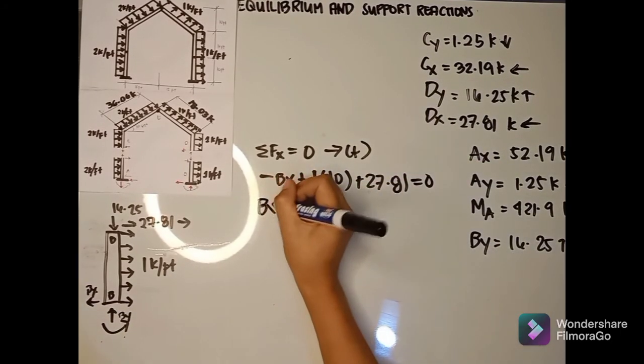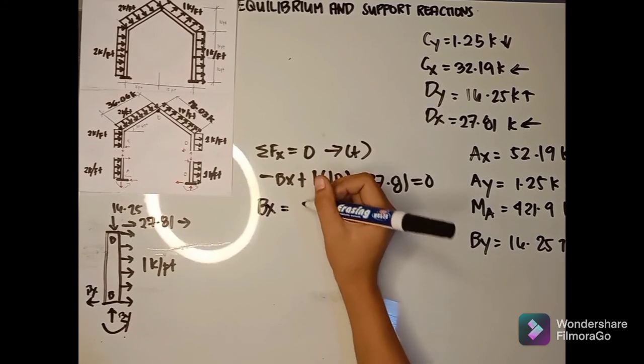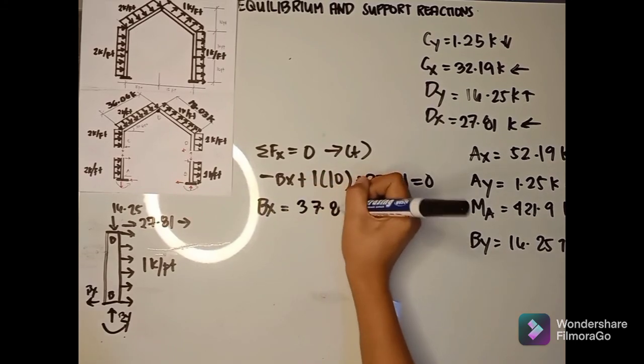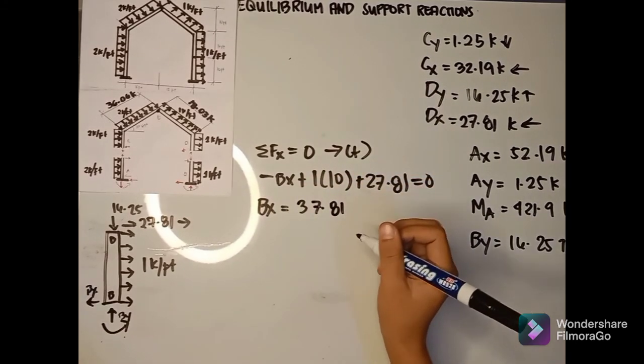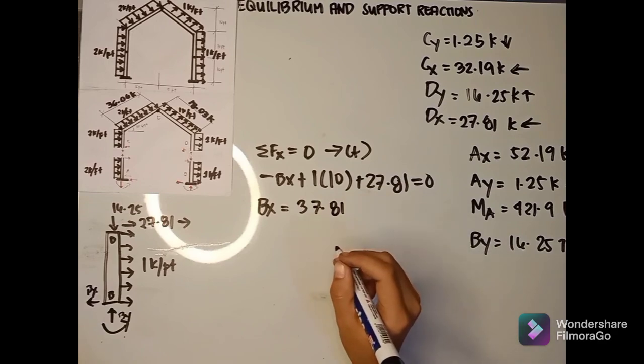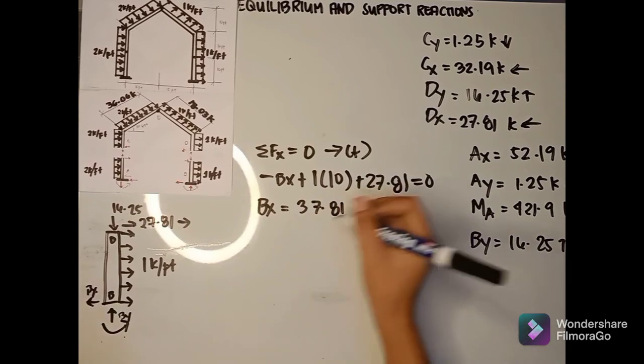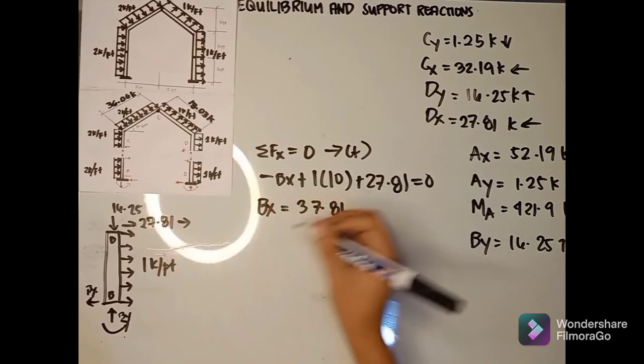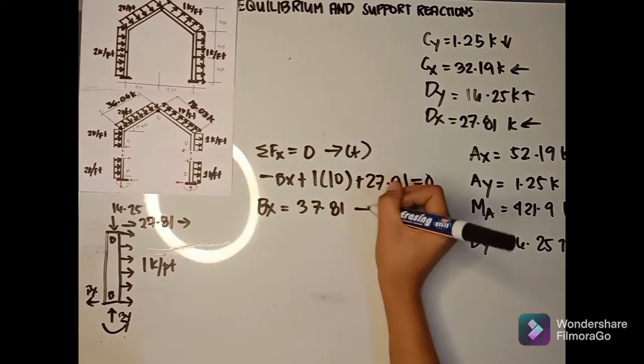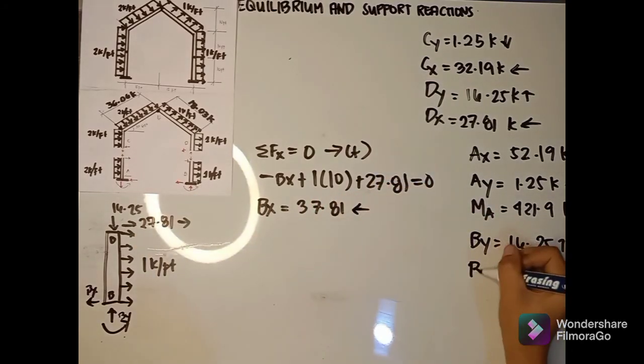So, solving for BX is equals to 37.81. And yung assumption natin is to the left siya. So, positive naman yung answer. So, tama yung ating assumption. Okay. For BX, we have 37.81.